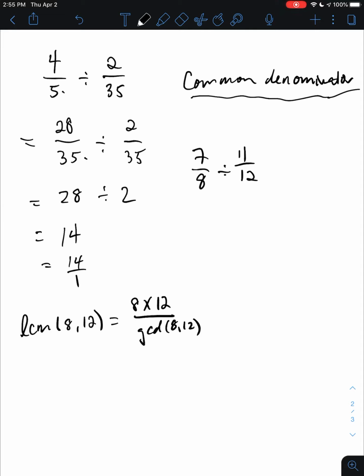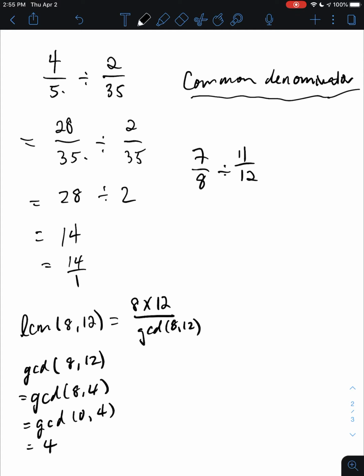And the GCD of 8 and 12, let's work that out. I know what the answer is already because we've done this one before, but let's go through some steps. This is the same as the GCD of 8 and 4, and that's the GCD of 0 and 4 by division, and that is 4. So this answer is 8 times 12 divided by 4, and so the answer is 24.